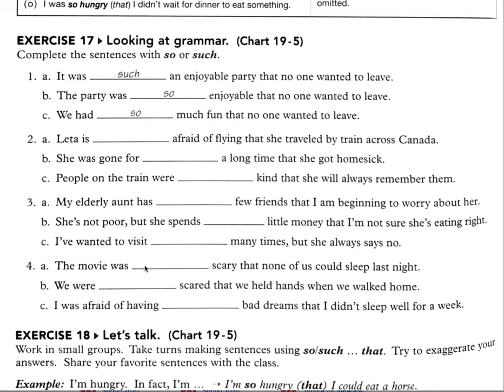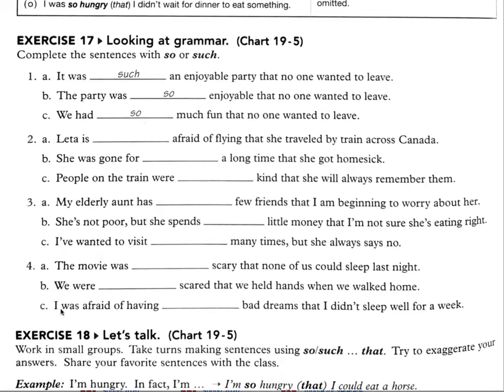Number 4A. The movie was blank scary that none of us could sleep at night. So here you have scary. So okay, that's an adjective. So I'm going to say so. B. We were blank scared that we held hands when we walked home. Here again, you say scared. Okay, that's an adjective. So I'm going to use so.